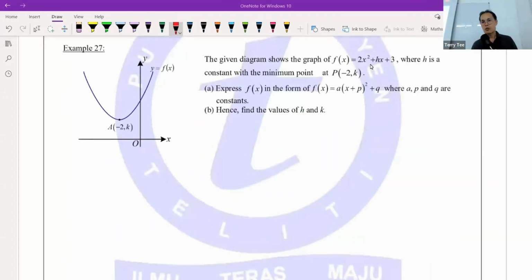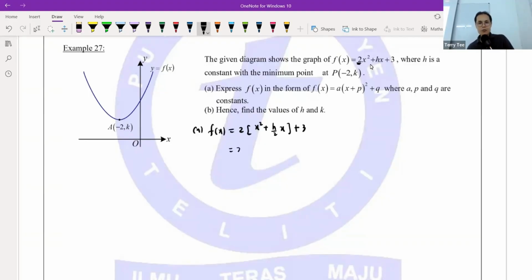How about this question? You have to complete the square and solve for h and k. So number 1, to complete the square, everyone, you can see that there is a 2. I will need to take out the 2. This is 2, left with x squared plus hx, close bracket, plus, okay, this is not h anymore. This is h over 2 x plus 3.